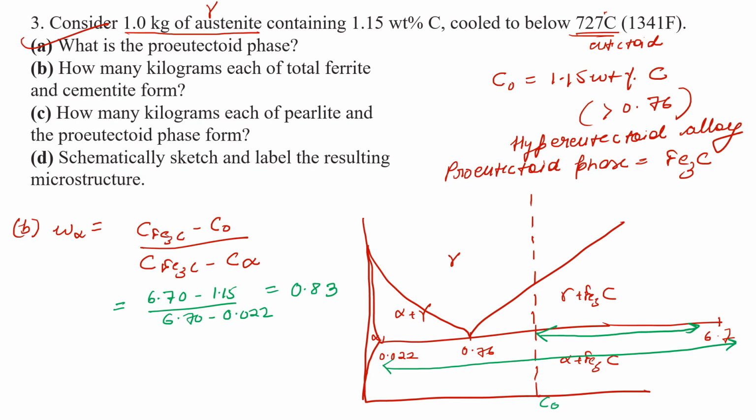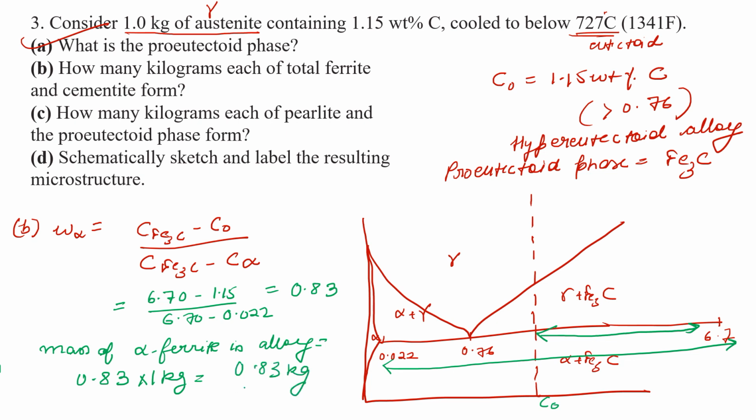Since this is the mass fraction, the total amount in mass is 0.83 times 1 kg, which gives me 0.83 kilograms of alpha ferrite. So this is the correct answer.